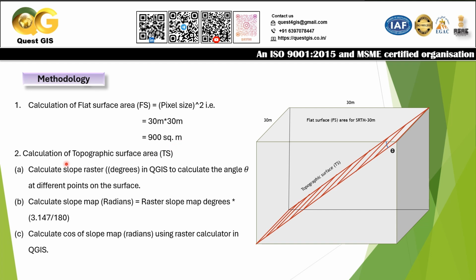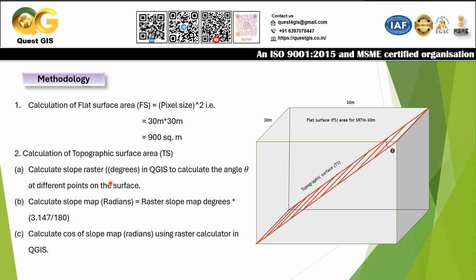Okay, so next is the calculation of topographic surface area. We will start by calculating the slope raster, which by default gives the values in degrees using QGIS, to calculate the angle theta at different points on the surface, pixel by pixel. Then we will convert that slope map from degrees to radians using the formula: raster slope map in degrees times 3.147, that is the pi value, divided by 180 degrees.